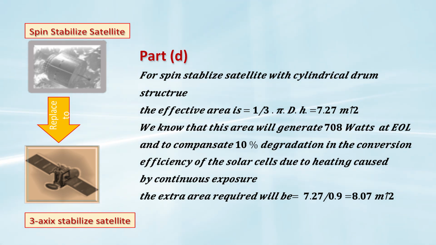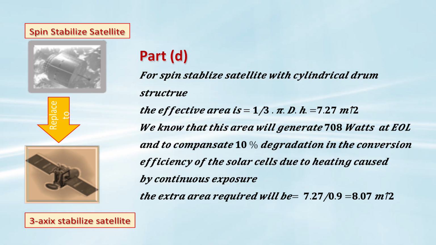Now, considering the 10% degradation in the conversion efficiency of the solar cell, because in 3-axis the complete solar panel is continuously exposed to the sun, we will just divide the 7.27 by 0.9, considering 10% degradation. This gives the required area, which comes out to 8.07 square meters.